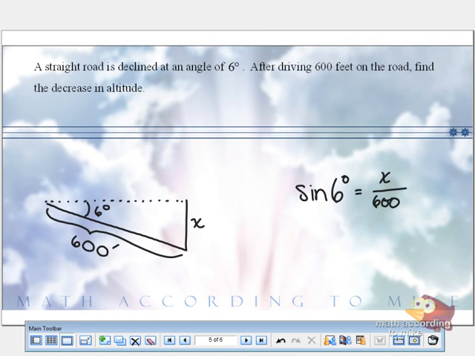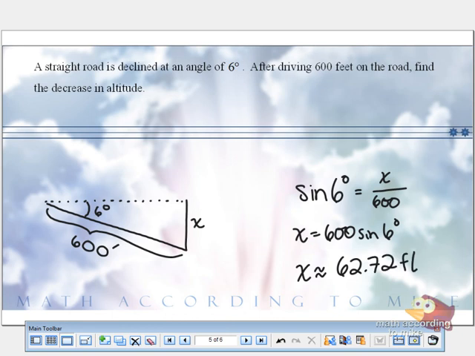So multiply both sides by 600, you'll get x is 600 sine of 6 degrees. That's the exact value. If you would tell me the approximate value, let's go to 2 decimal places this time. 62.72 feet. Hooray!